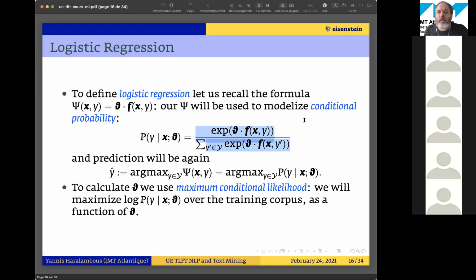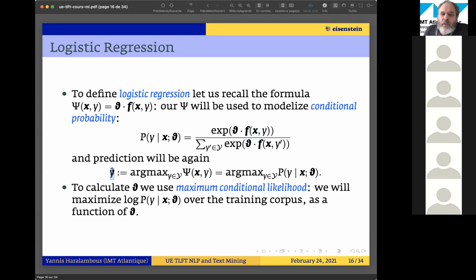Okay, so once again, we define a probabilistic model, which is this formula. And our goal now is to calculate theta in order to optimize the model, in order to have the best possible performance in prediction.